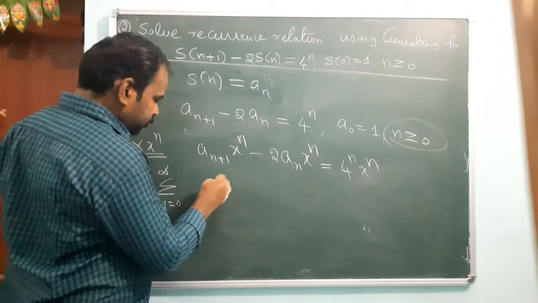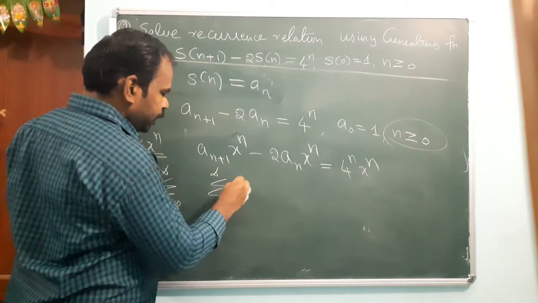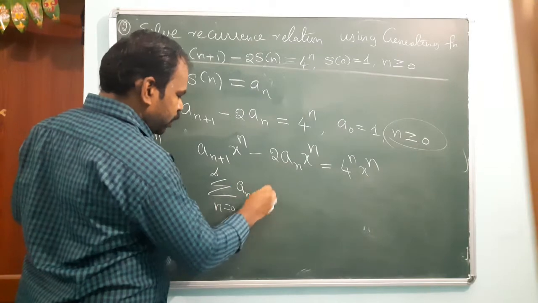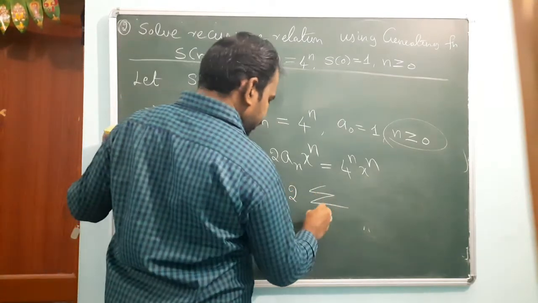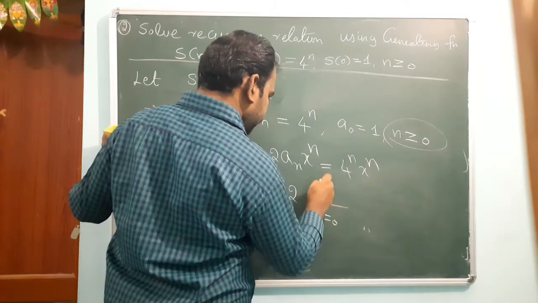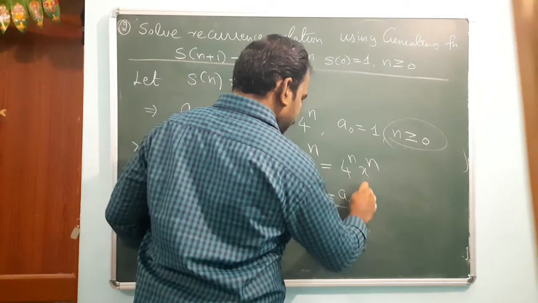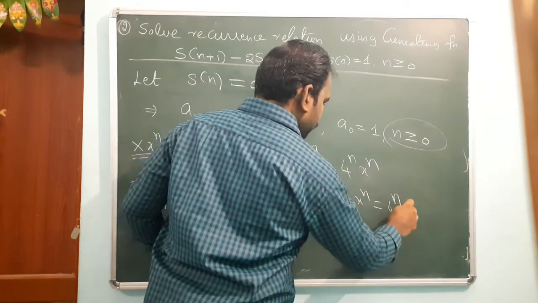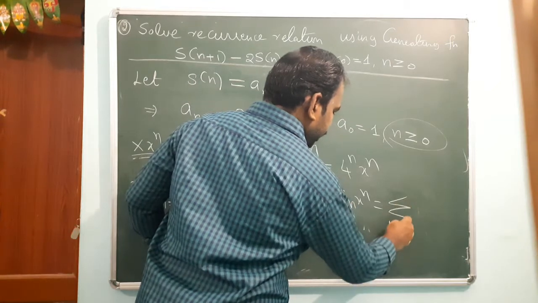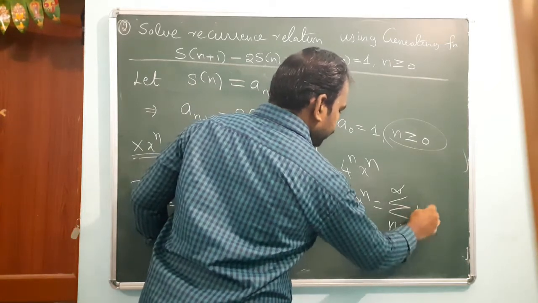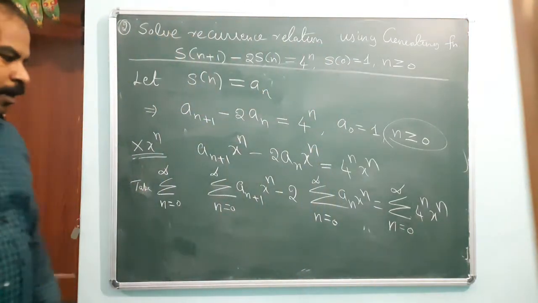So summation n equal to 0 to infinity a n plus 1 x power n minus 2, which is constant, so taking it outside, summation n equal to 0 to infinity a n x power n, which is equal to summation n equal to 0 to infinity 4 power n x power n.